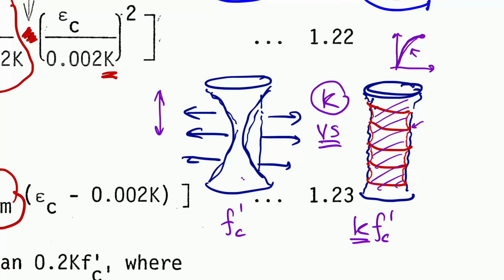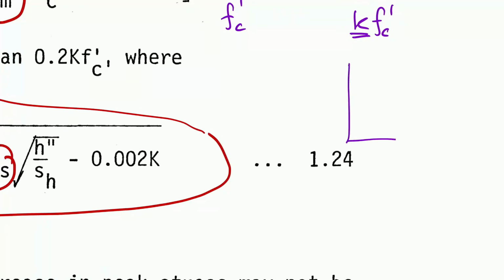So maybe if you read carefully in this literature or some other literature, we might be able to see the plot of the steel strain versus the concrete strain, like this, epsilon c and epsilon s. The first part will not be much, and then once the crack forms, this part will pick up.